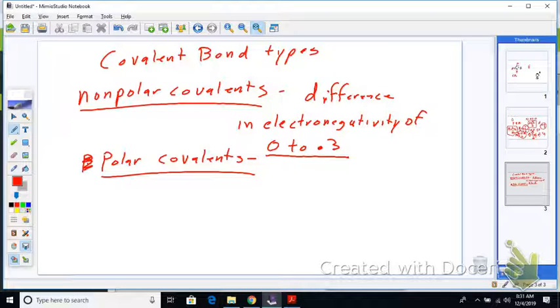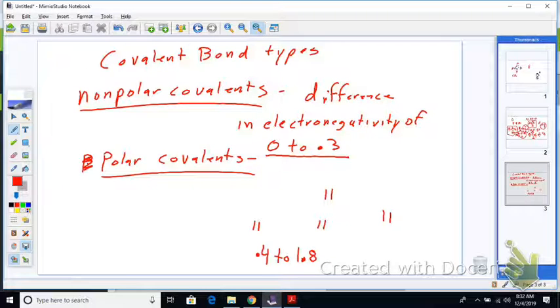Polar covalent has a bigger difference in electronegativity. So I'm going to just put quotes because I don't want to write that again. And it's going to be 0.4 to 1.8. Okay?